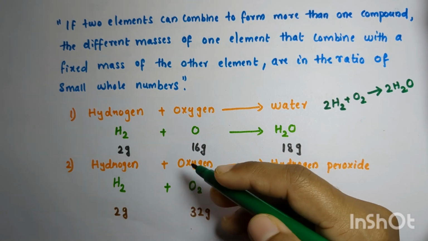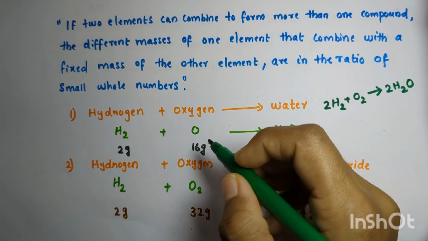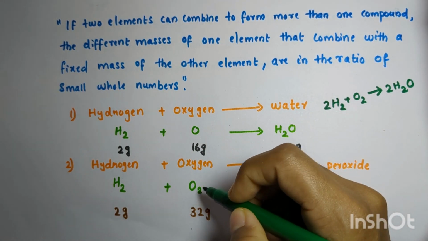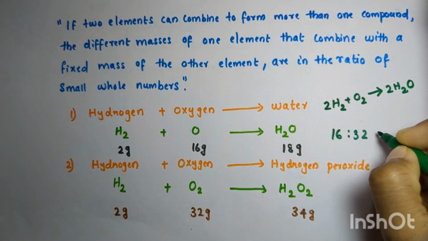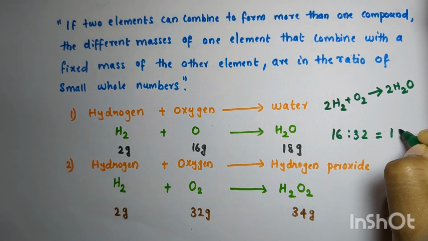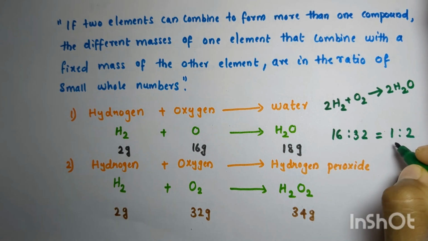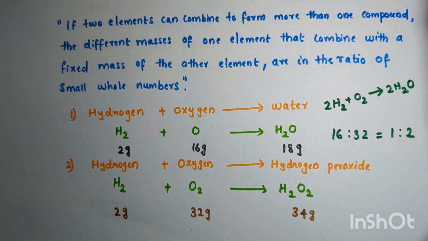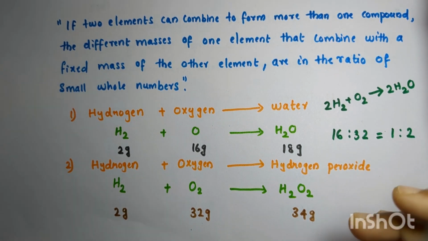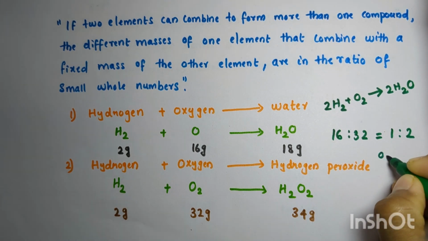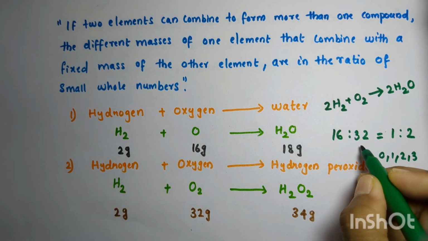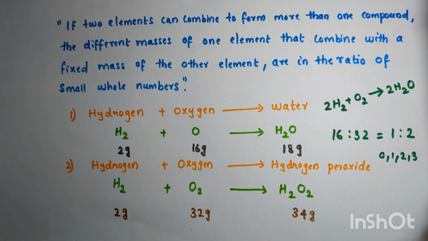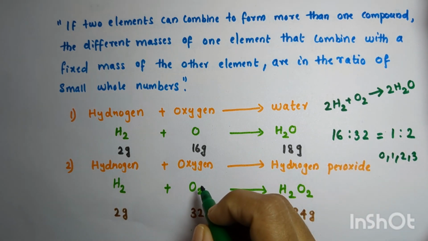Now, the ratio of the masses of oxygen is 16:32, that is 1 into 16 and 2 into 16, so 1:2. What do we mean by whole numbers? 0, 1, 2, 3, 4, 5, and so on. So the ratio is a ratio of small whole numbers. That is what this law states.